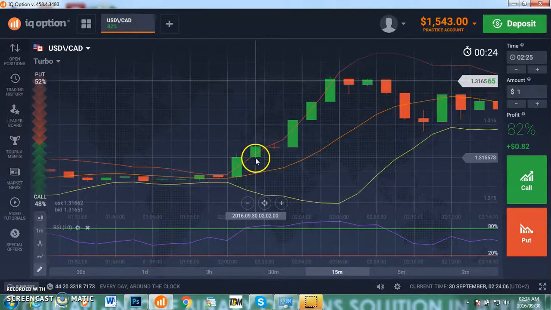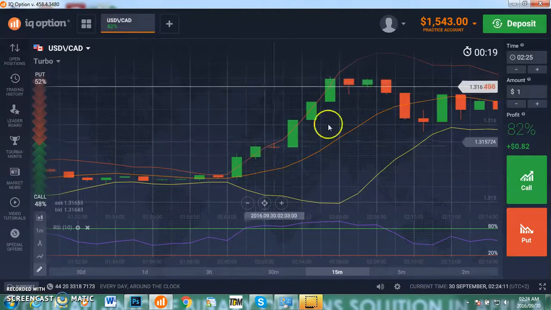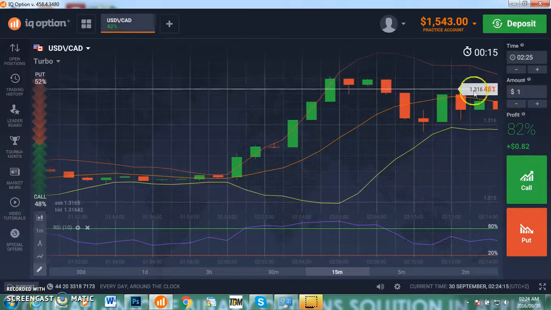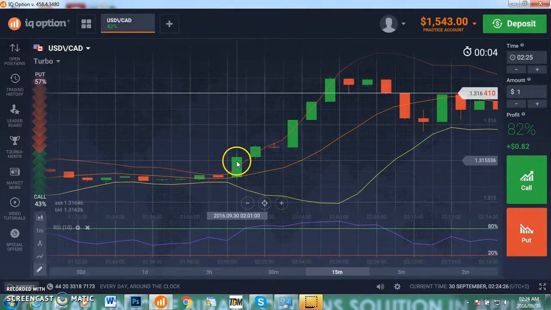So what you're gonna do is that as soon as it goes up, before this candle ends, you're gonna increase your investment amount, maybe double the investment amount, and place the trade. And when you do that, you are actually increasing your chances of winning the next trade and making the money that you lost on this one.